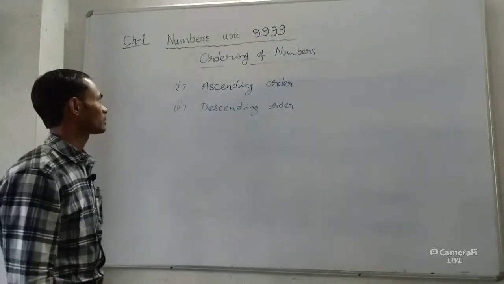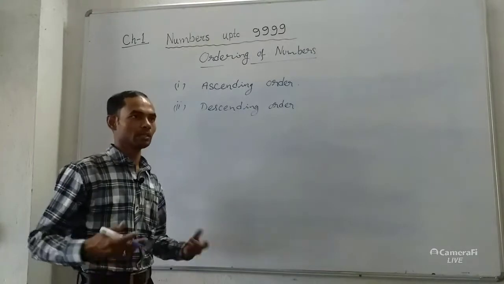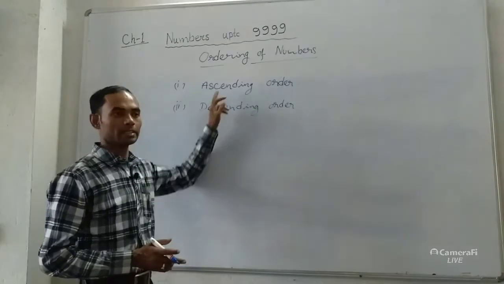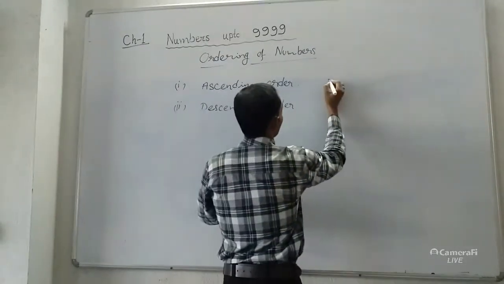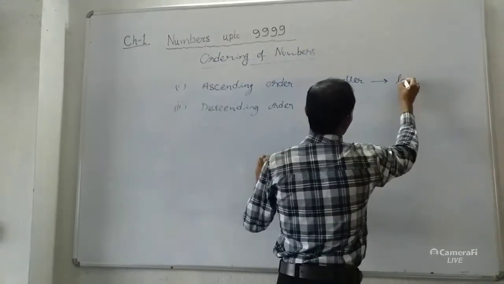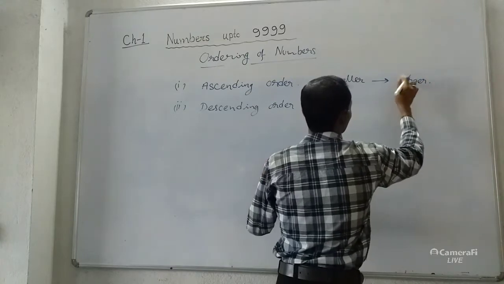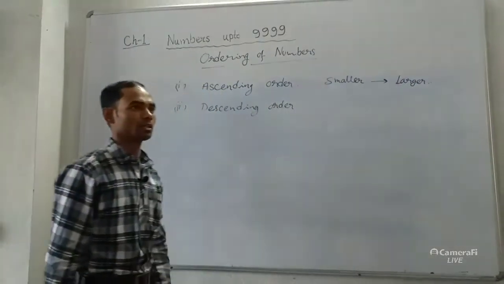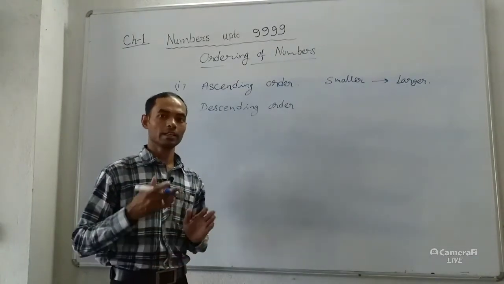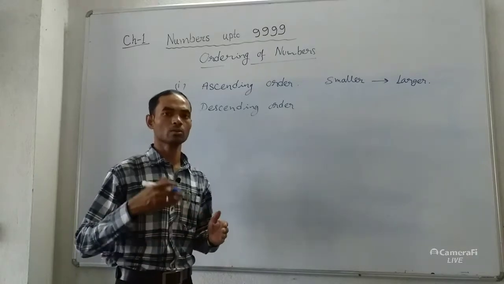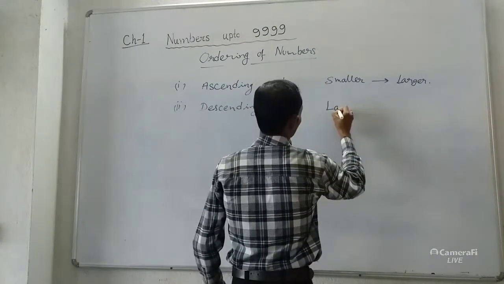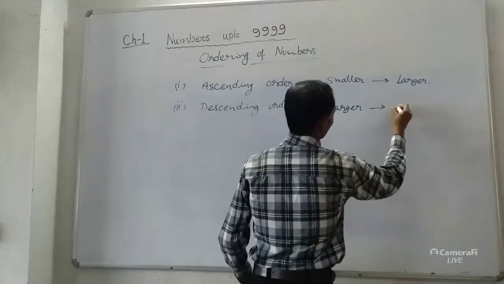What is ascending order? Ordering means whenever some numbers are given, you have to arrange the numbers either in ascending or descending order. Ascending means smaller to larger, smaller number to larger one. That means we will first find the smallest one, then the next smallest, and in this way we will pass to larger. And descending order is from larger to smaller.